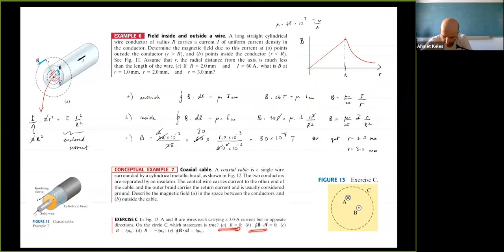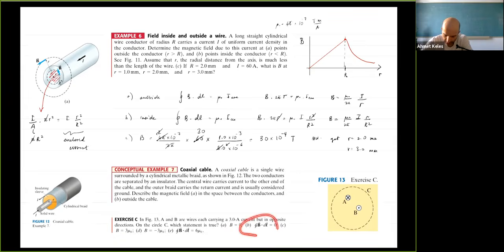B, B dot dl is equal to 0. C, B is 3 times mu 0. I wonder how they got this. D, B is equal to minus 3 mu 0. And E, B dot dl is equal to 6 mu 0. So which of these statements is true? A, B, C, D, or E?